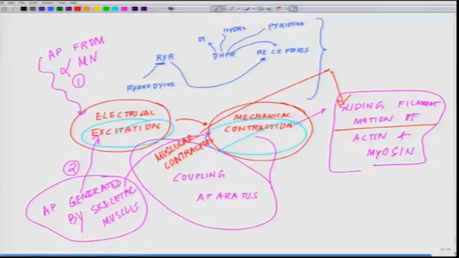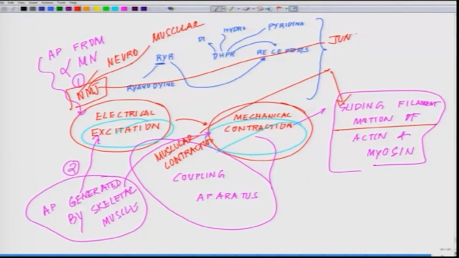So, the first electrical stimulus is happening at the NMJ or neuromuscular junction, the first one. Second, this muscular contraction is happening at this zone, on the muscle of course, but this translation is taking place at the RYR DHPR interface.